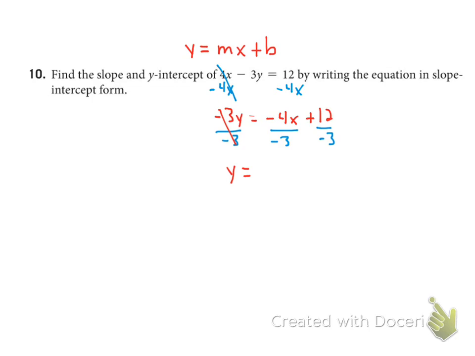It becomes positive. A negative divided by a negative is positive. So 4/3 x. What about 12 over negative 3? Negative 4. So we can just write that as minus 4. And there it is. Any questions on number 10?